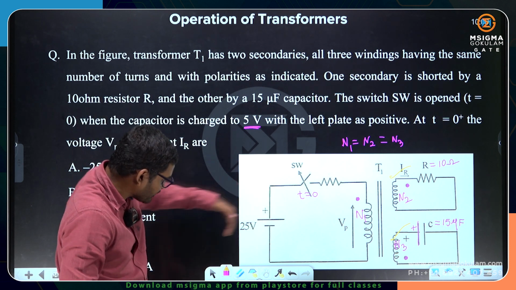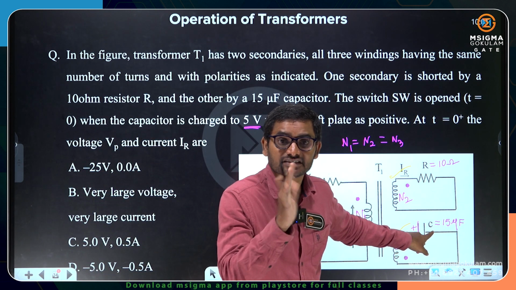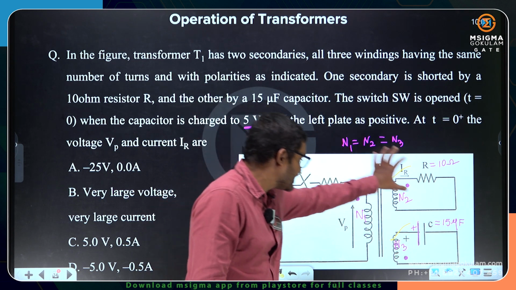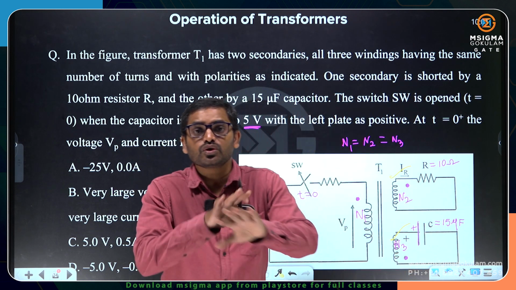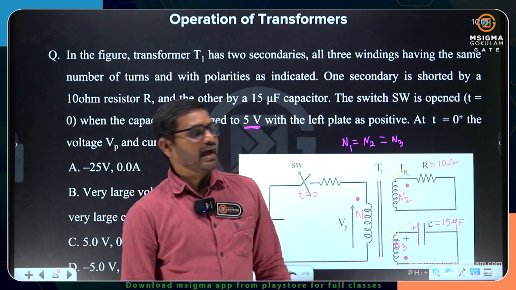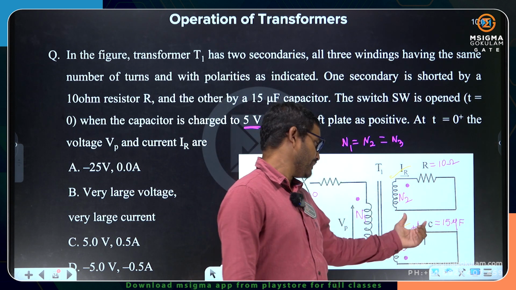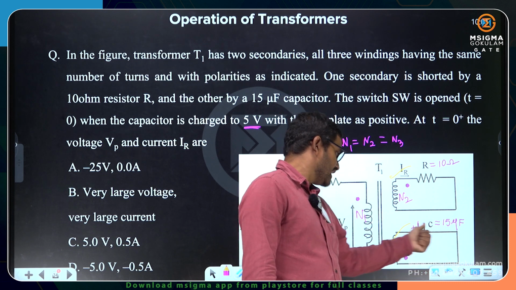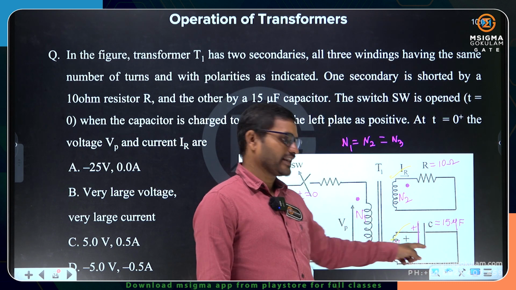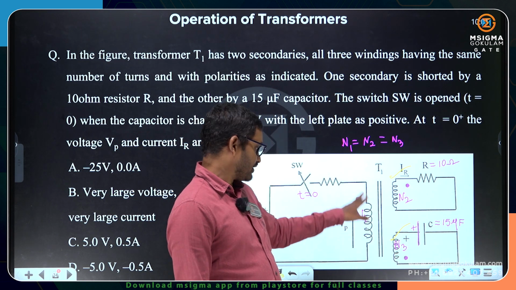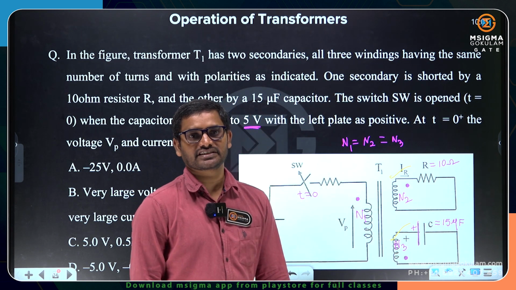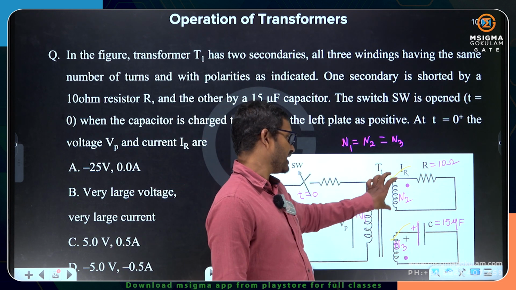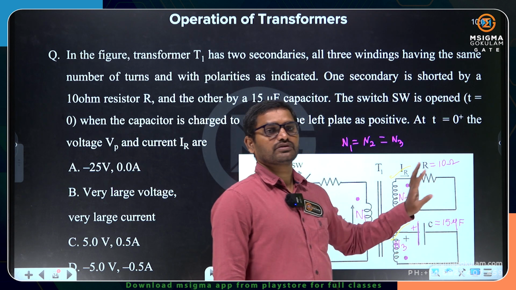There is no charging action on the capacitor, and in the entire network no active source is connected. So the capacitor is going to release the energy. Current flows in this winding, flux changes in this winding, and therefore in the other windings also. Because of that EMF induces here and here, and that EMF will drive the current through the resistor also.